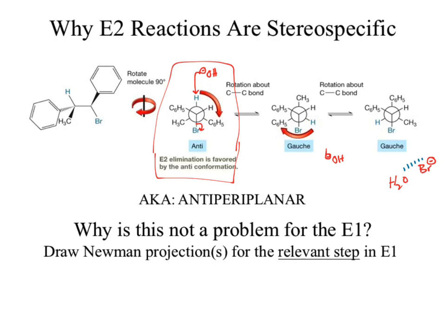If they're gauche and the base comes in, you're saying that the repulsion between the hydroxide ion and the leaving group bromine is stronger than the attraction between hydrogen and bromine. Yeah. Okay. So the interaction between the hydrogen and the bromine is almost non-existent. Why is that one almost non-existent? Or else they wouldn't be on that molecule.